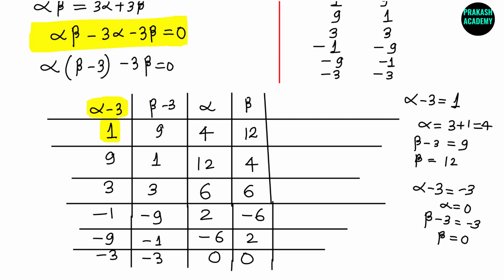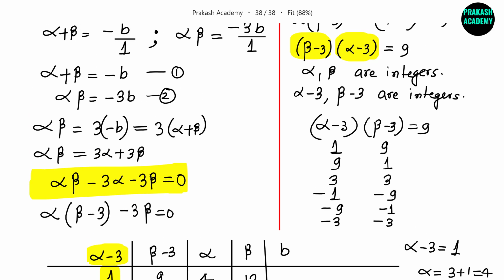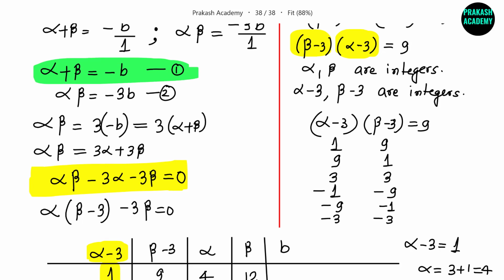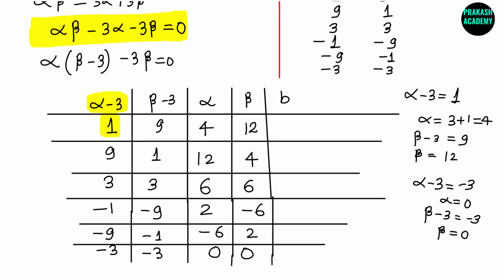Now we can find b. If you remember, we have earlier said b is equal to minus alpha plus beta, equation number 1. So in each case we can find b.